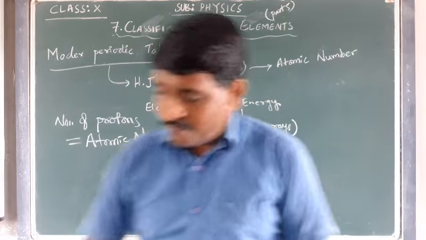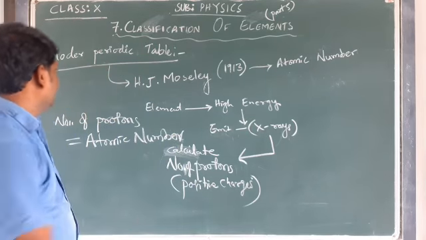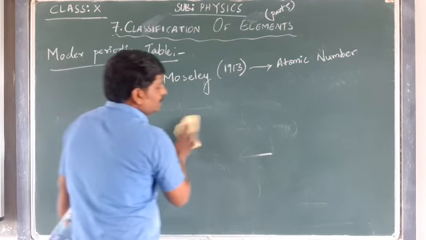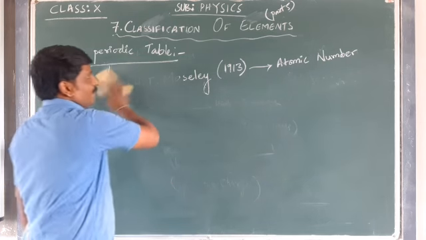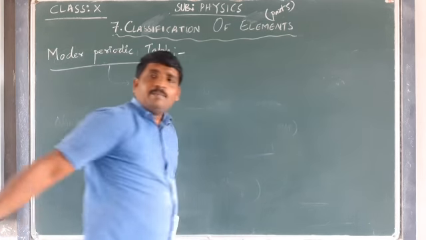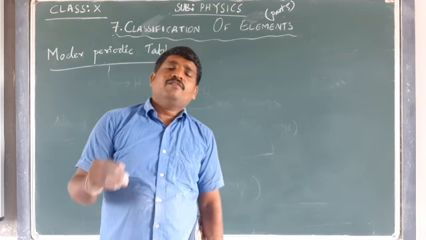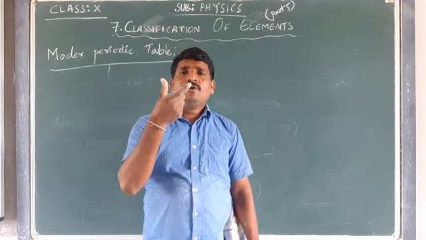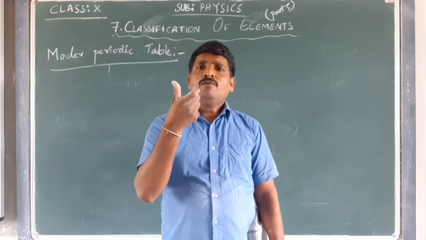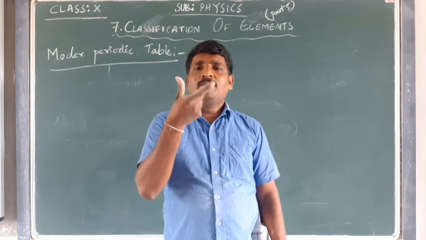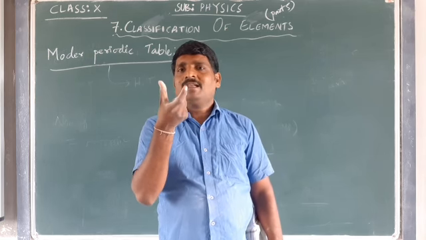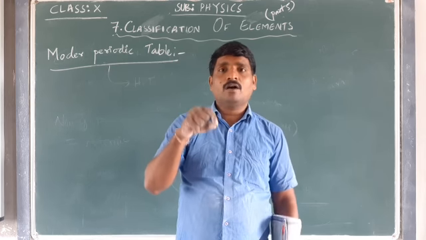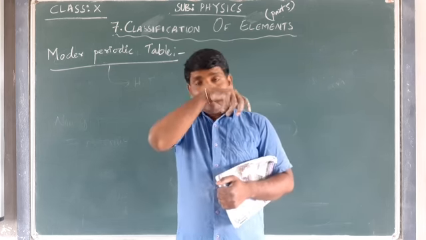That is the start of the thinking: arranging the elements in ascending order of atomic number. As you all understand, Moseley was able to determine the atomic number by studying the X-rays emitted by the atom of that element.